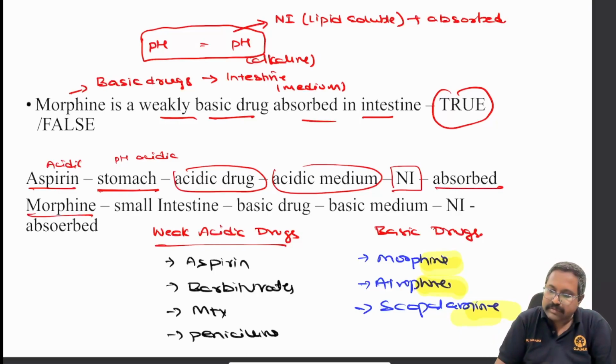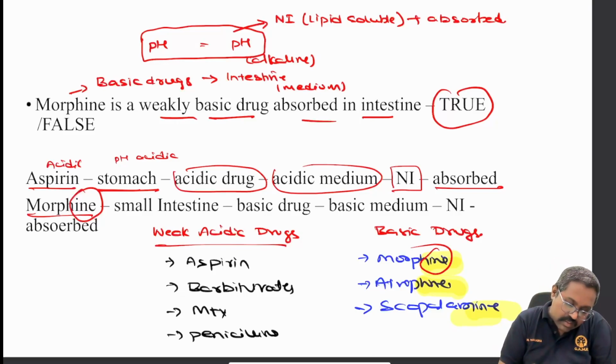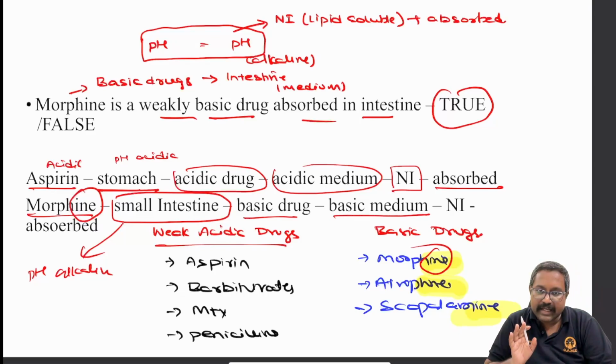Whereas morphine, as we discussed, ends with INE, so it belongs to basic drugs. So it gets absorbed in the small intestine, because in the small intestine the pH is alkaline. Therefore the basic drug will be in a basic medium, and if a basic drug is in a basic medium, it forms a non-ionized form and gets easily absorbed.